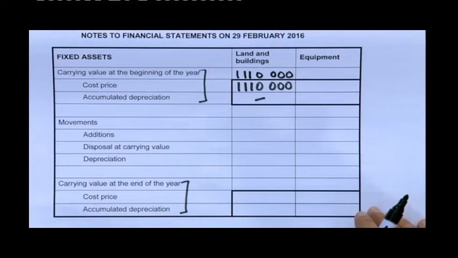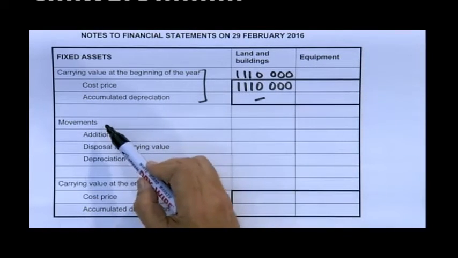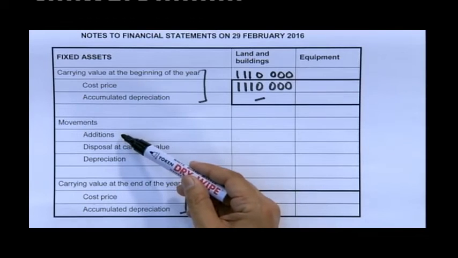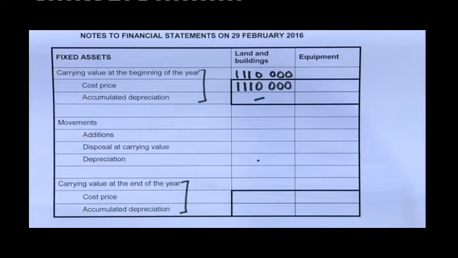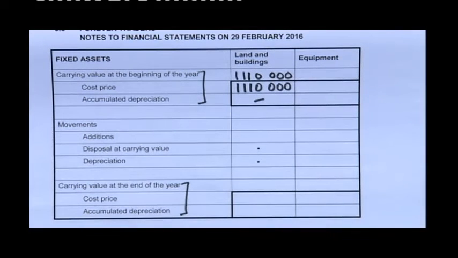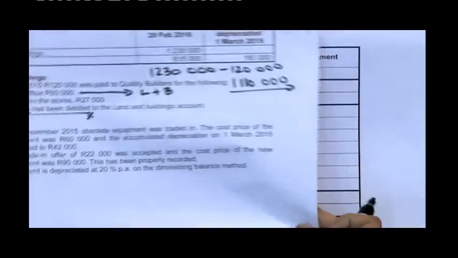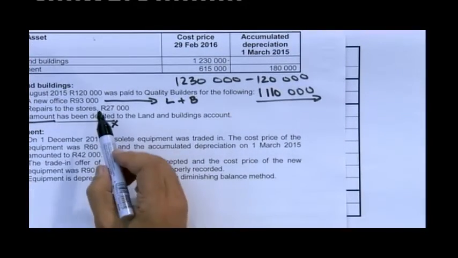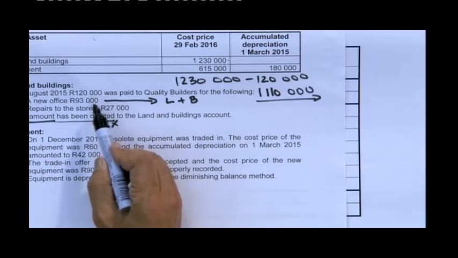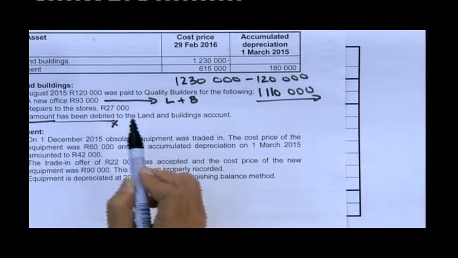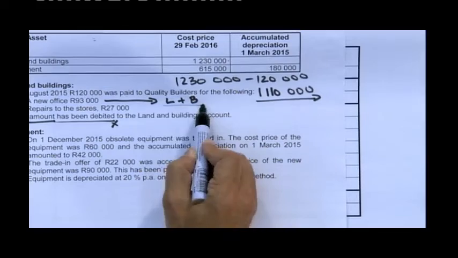Right. When it comes to the movements, we have additions, disposal, and depreciation. There won't be any depreciation. In the exercise, we also didn't get rid of any land and buildings. But we had a renovation made to the value of 120,000, but only 93,000 was allocated for the land and buildings.